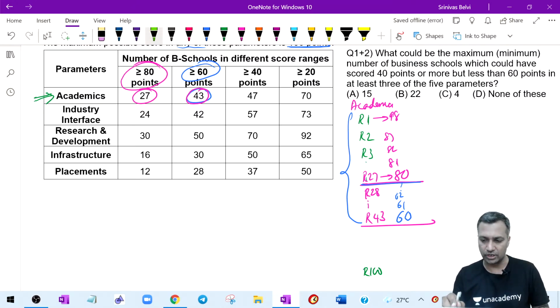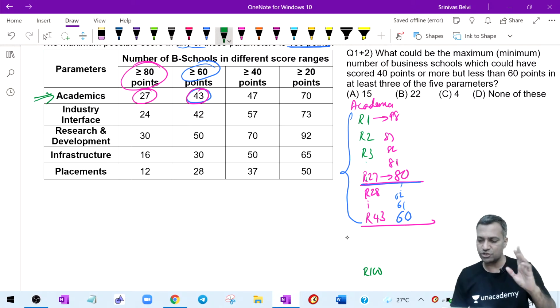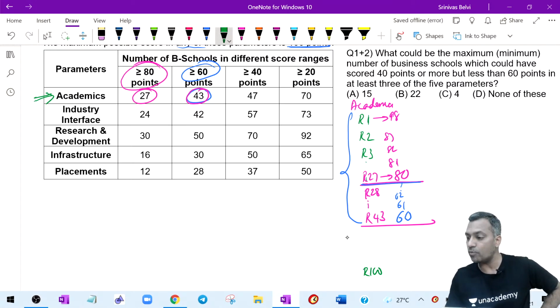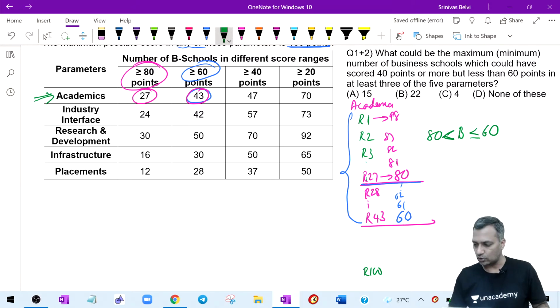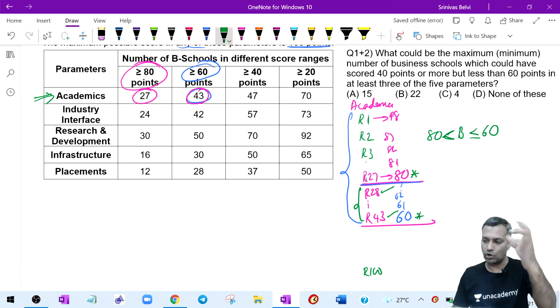Therefore, if I ask you, how many B schools got between 60 and 80, which means 60 included but 80 not included, where 80 points is here and 60 points is here. So how many B schools? Only these particular B schools, B school number 28 to 43. How do I get this?